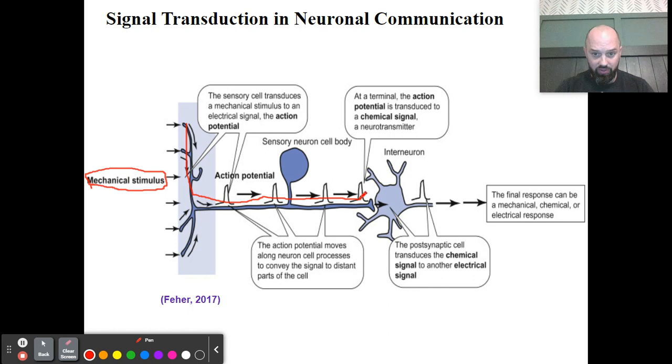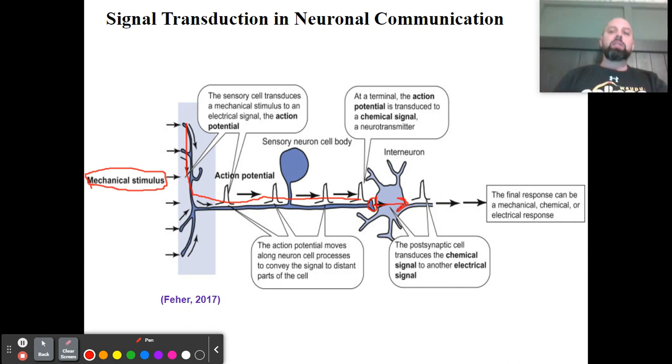Eventually, it's going to reach an axon terminal where calcium is going to be responding to that voltage. Those voltage gated ion channels are going to open, and calcium is going to rush in and cause neurotransmitter release, which is going to stimulate the next neuron in that chain.